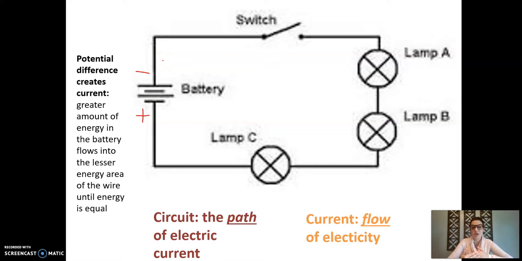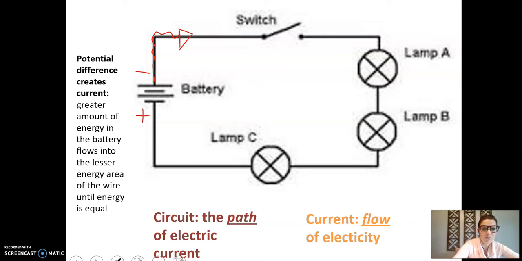So this is going to encourage electrons to flow out of the negative end of the battery and into the wire. And as current flows out of the negative end of the battery and into the wire, it is going to continue to pull out those electrons until the wire and the battery have an equal level of energy.